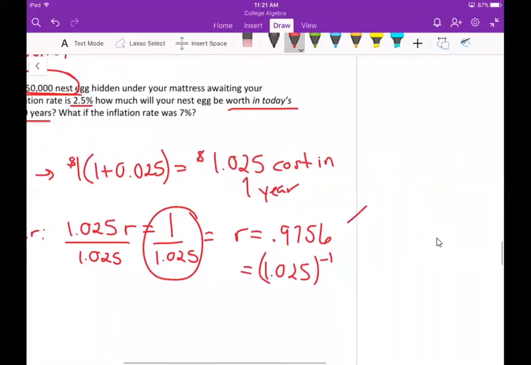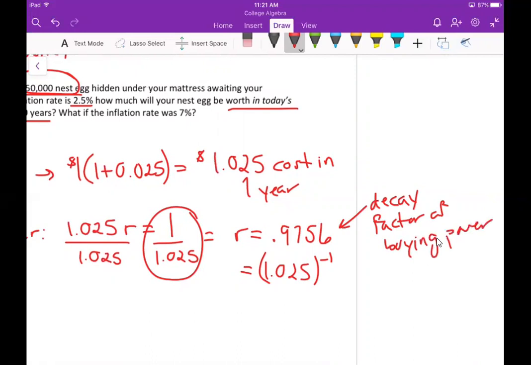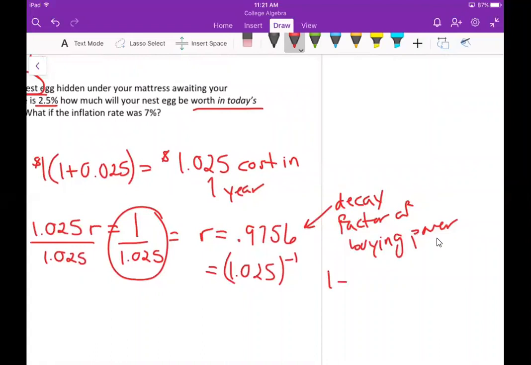This is the decay factor of the buying power of our money. So if we think about what that decay rate would be, we would take 1 minus that decay factor. We would end up there with about 0.0244, or 2.44%.